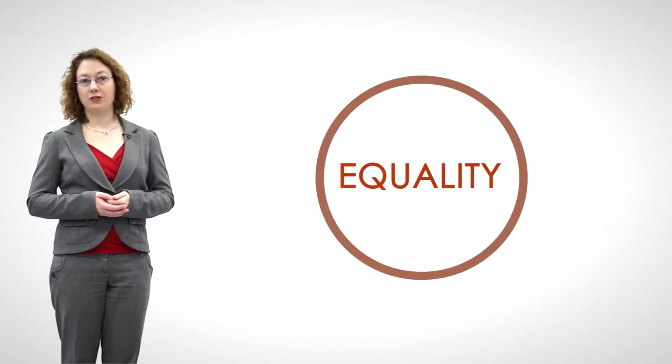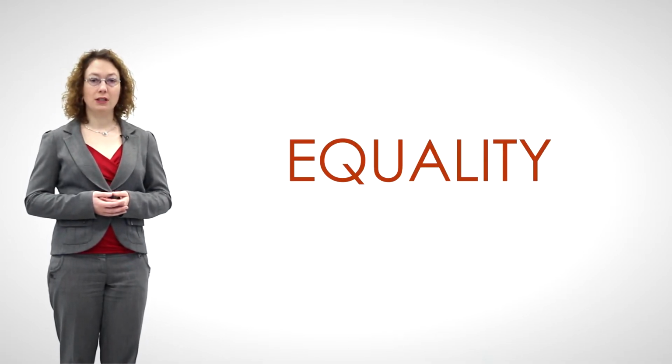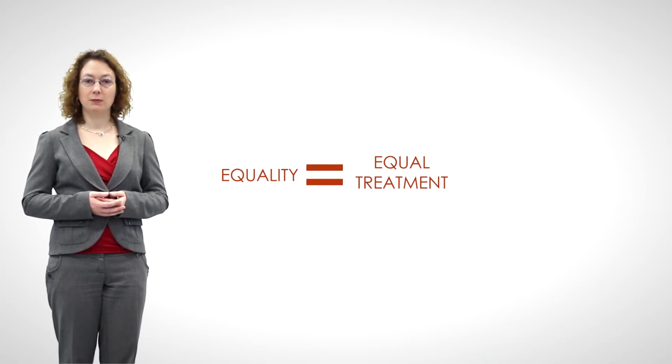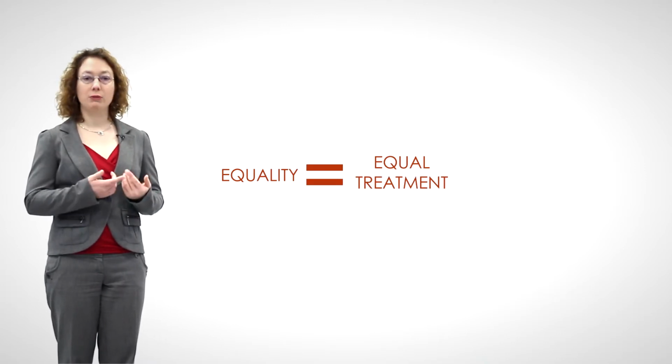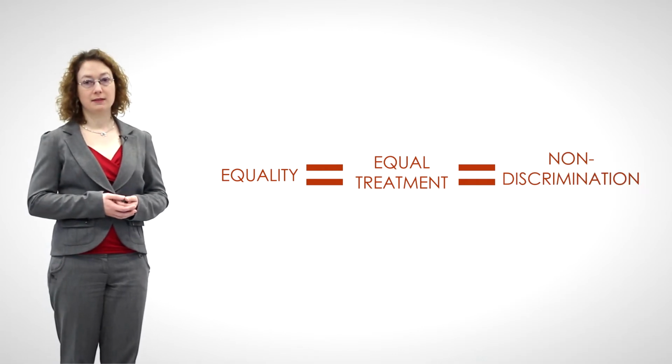Equality and non-discrimination are two sides of the same coin. This means that depending on which concept of equality we choose to adopt, our conception of discrimination might also change. For example, if our concept of equality only encompasses equal treatment, we would think that while we treat everybody exactly the same, no discrimination takes place.